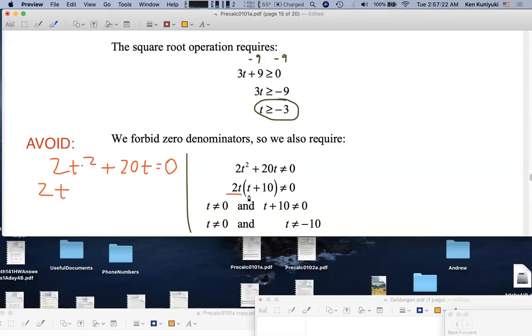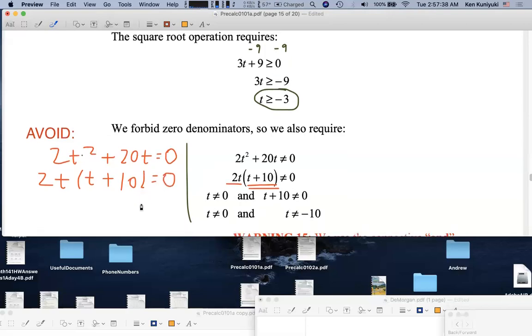When you factor, you divide. We get this other factor here, t plus 10. So this factors as 2t times the quantity, t plus 10. And then we apply the 0 factor property. So when does this product equal 0?